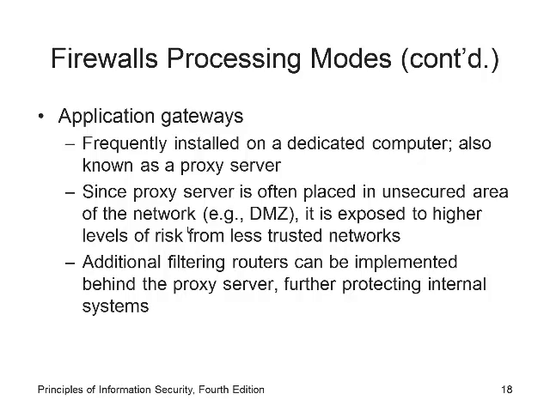You make a connection to it and say, I want to surf the web. And rather than just looking at the individual packets, it's actually looking at the applications themselves and making decisions based on that. You can kind of think, I don't want people to be able to surf the web. So we could very easily block it with an application firewall. Okay? It says additional filtering routers can be implemented behind it, but that's what a gateway does.